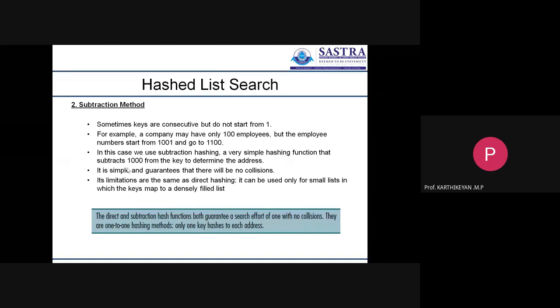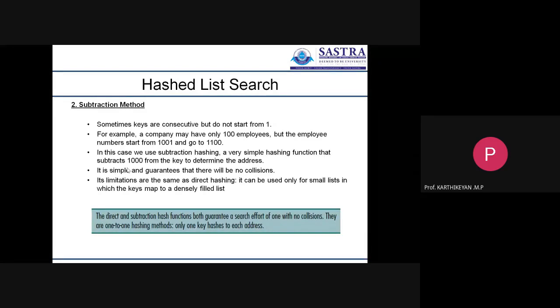Let us take another example. Suppose that instead of using their own employee ID, the company plans to use the Aadhaar number or social security number as the employee ID. The Aadhaar number contains 12 digits.